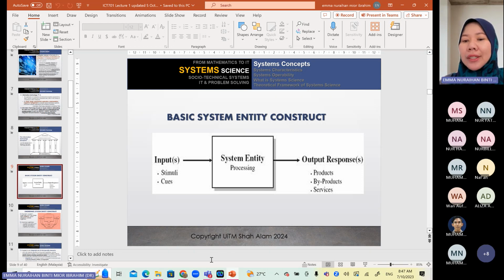And then output response. What kind of response? The response can be information, but information about what? It can be information in terms of products, byproducts, services. So at the master level, we're going to look further beyond these basic concepts.